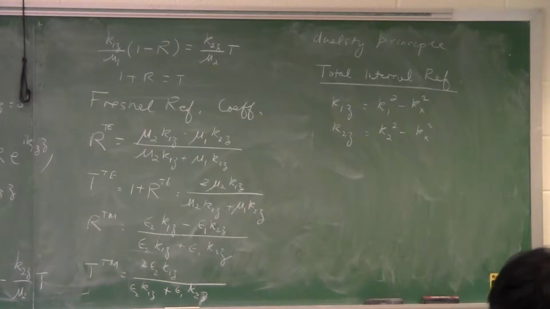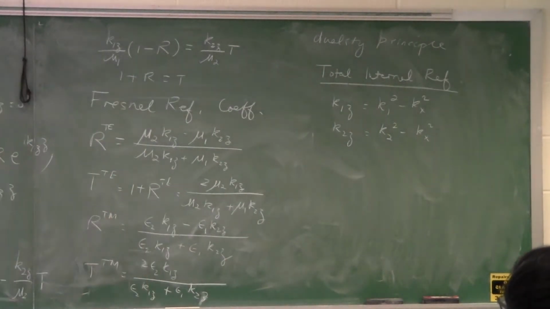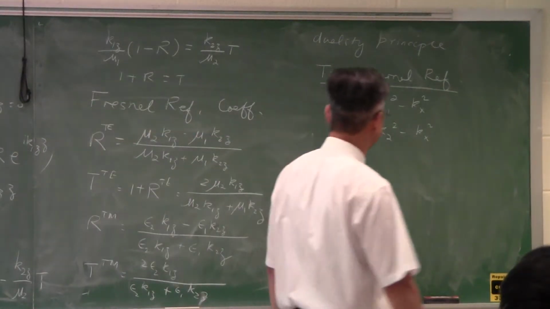What principle is that? Phase matching, okay? So we keep kx the same so that the boundary condition can be satisfied. If the kx's are not the same, then these two waves will have different phases, and the boundary condition cannot be satisfied.